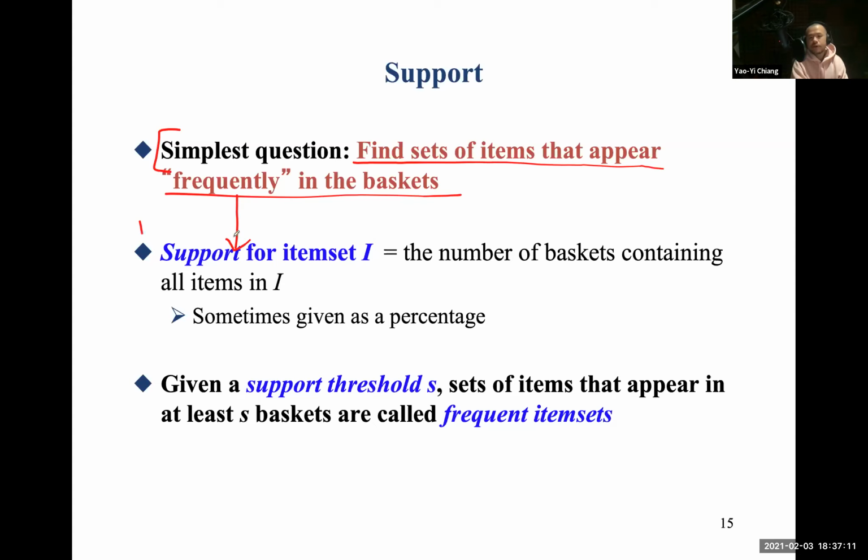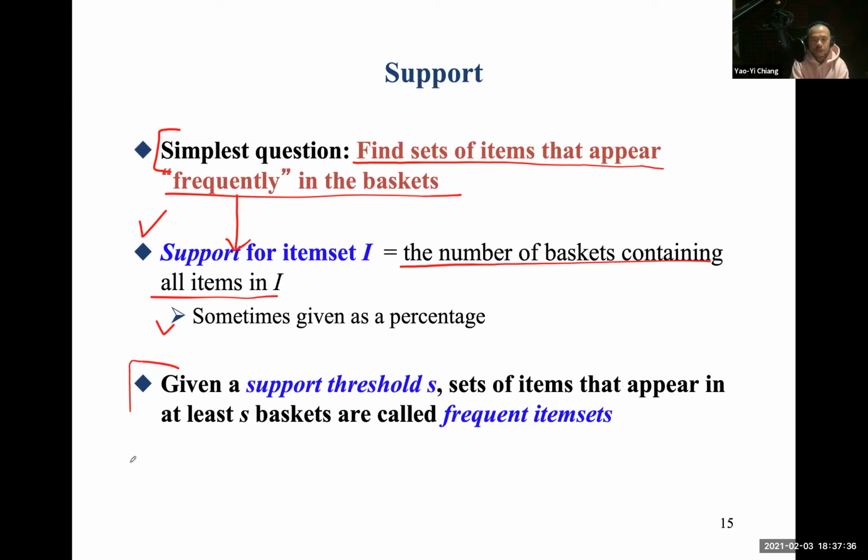So support for item set I is our threshold for defining frequent item set. Support is the number of baskets that contain all items in I. And sometimes we would just use a percentage: what's the percentage of baskets that contain this item?